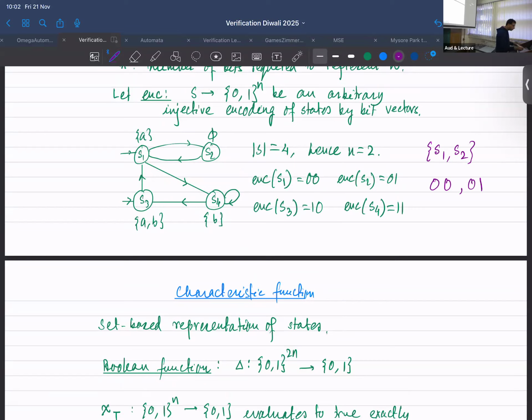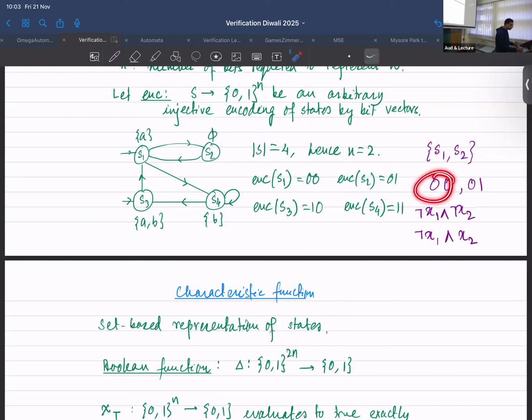You can consider two variables corresponding to these two bits, x1, x2, and this is the negation of x1, negation of x2. You can say that there is a conjunction between the negation of x1 and negation of x2, and you have the negation of x1 and x2, and here you can say that these two form a disjunction.